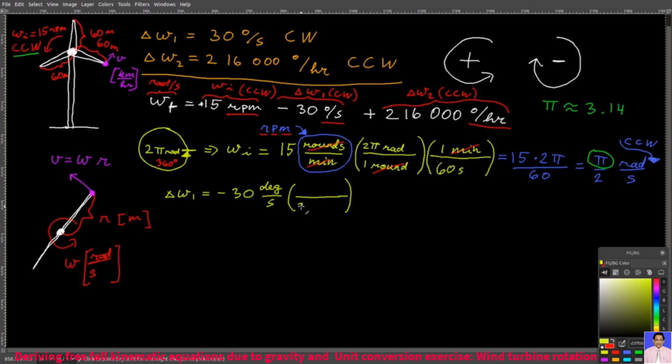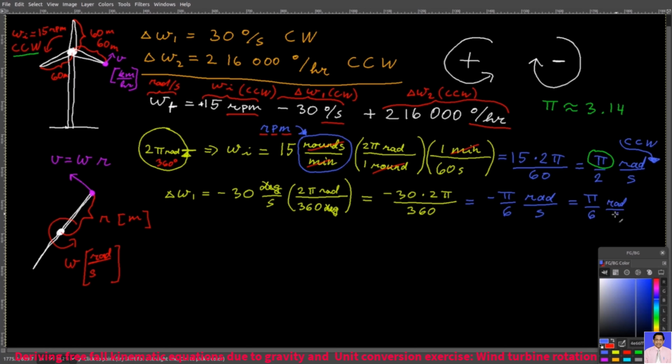So I will have 360 degrees and 2 pi radians. I can cancel out the degrees, and I will have minus 30 times 2 pi over 360, and that results in minus pi over 6 radians per second. Or you can say it's pi over 6 radians per second clockwise. Remember, this is counterclockwise and this is clockwise.